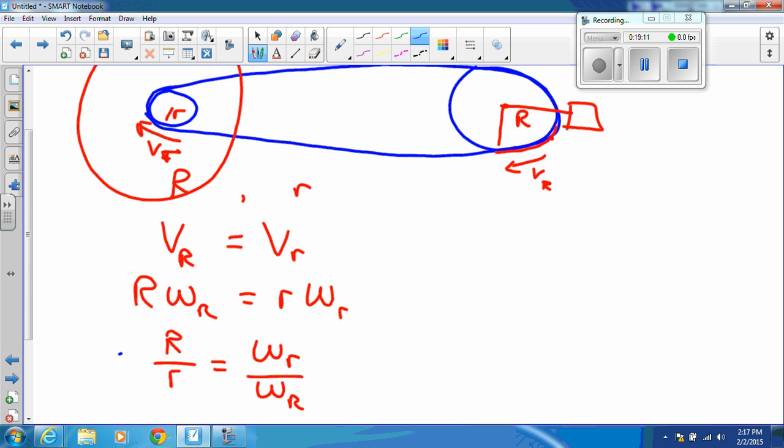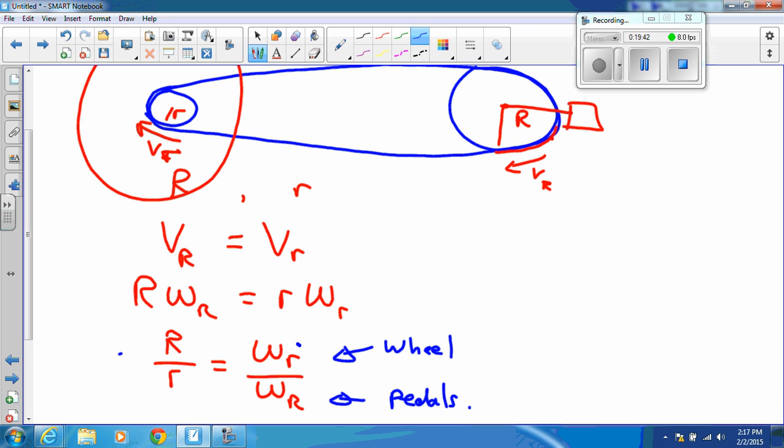If the angular speed here is the speed of the wheel, and the angular speed here is the speed of the pedals, then I can see that if this is a fixed radius right here, and I can change this by changing gears, then the smaller the gear, the larger the speed of the wheel. And this is exactly what you've experienced if you've ever ridden a 10-speed bike.